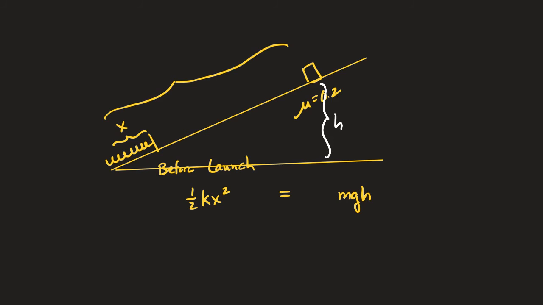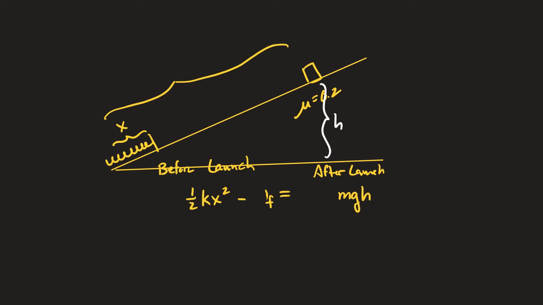The gravitational potential energy will be less than the elastic potential energy because there is friction along the ramp. So you could consider that after the box was launched, there was some work done by friction to take away some of that energy, so that after launch, the total gravitational potential energy will have been made less by the work done by friction.